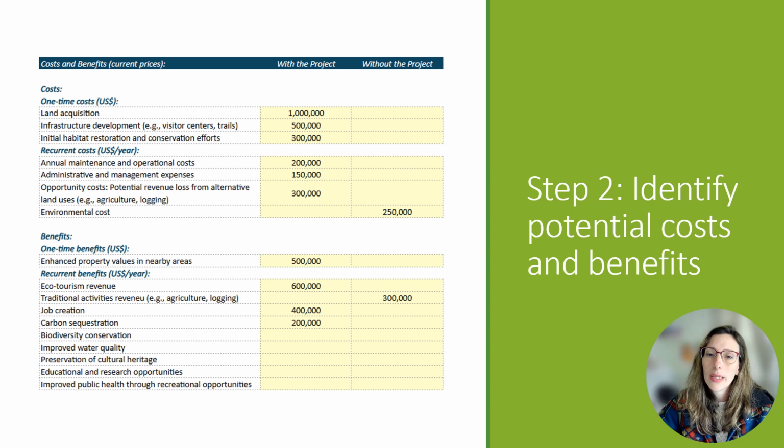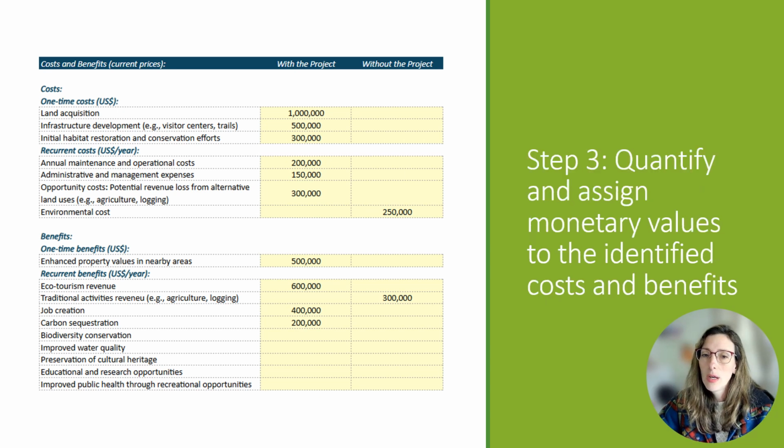And for the recurrent benefits, in this example, annual benefits, I'm considering ecotourism revenue, agriculture and logging activities revenue, which should only occur in the scenario without the project, job creation, carbon sequestration, biodiversity conservation, improved water quality, educational and research opportunities, and improved public health through recreational opportunities.